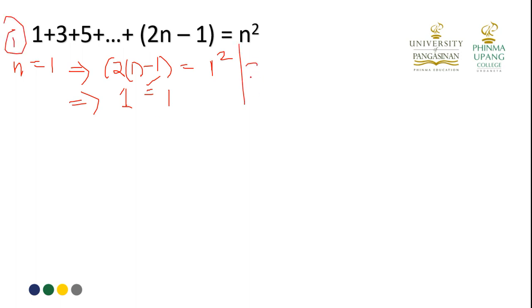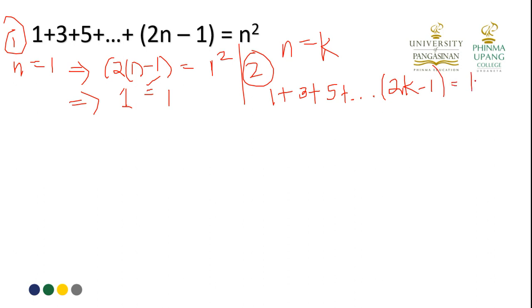Okay, number 2 naman. So, yung number 2, ang gagawin natin dyan is 1 plus 3 plus 5 plus 3 dots. Tapos, papalitan daw natin yung n ng k. So, yung 2k minus 1 is equal to k squared. Nagets po? Yung k squared natin is equivalent siya sa 1 plus 3 plus 5.